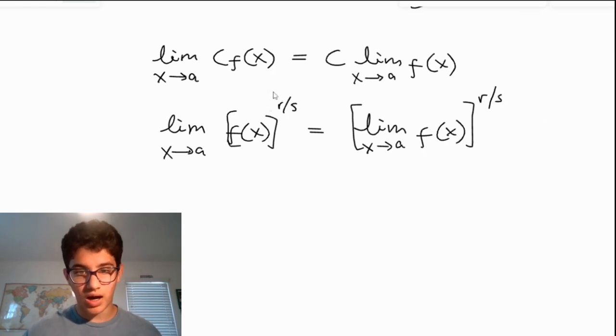Now, keep in mind, if s is 1 and r is an integer, that's basically any exponent. But if this r over s becomes a fraction, then you can also have square roots, cube roots, and that sort of stuff. So this can make your work pretty easy, especially as we deal with harder and harder questions.